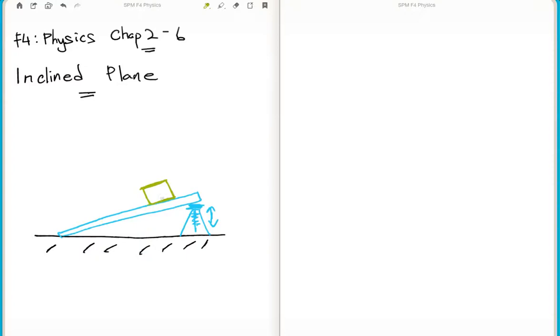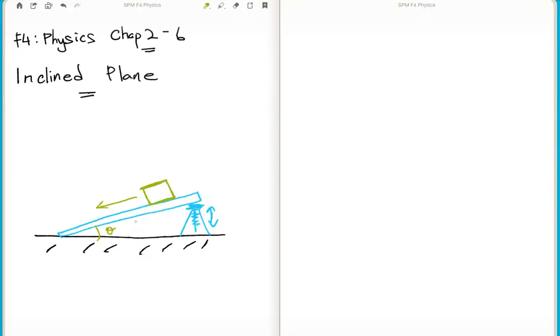I will talk about frictional force in my next video, but here I just want to give you the idea that this object will glide down. When the plane is horizontal, nothing will move. As you start to lift it up, eventually this object will glide down, moving downwards at a certain angle.